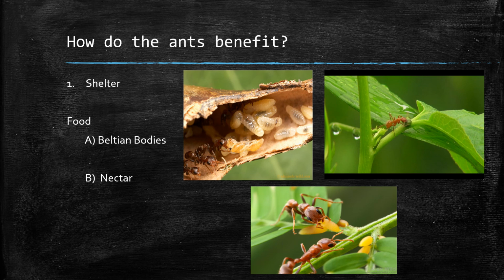These hollow thorns protect the ants from difficult climatic conditions. As you can see, the first picture on the left hand side shows where the ants have laid their larvae inside the thorn, and they house their larvae in there until they hatch.